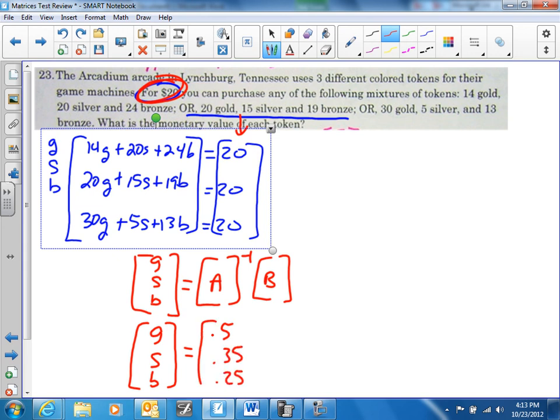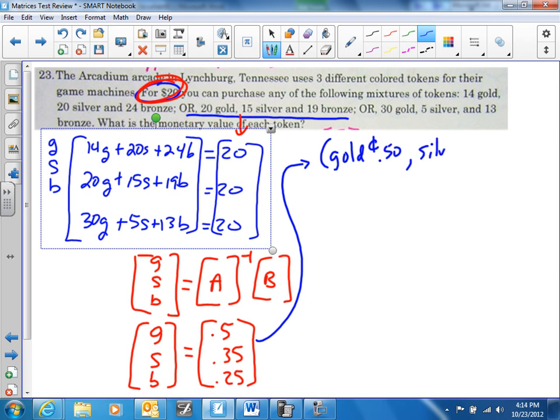What does that mean in terms of the problem? Well, what that means is gold is 50 cents, silver is 35 cents, and bronze is 25 cents.